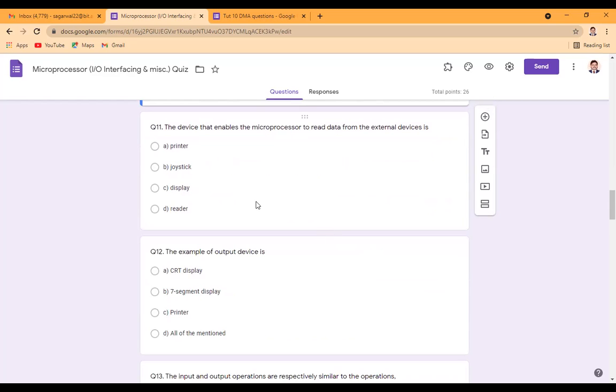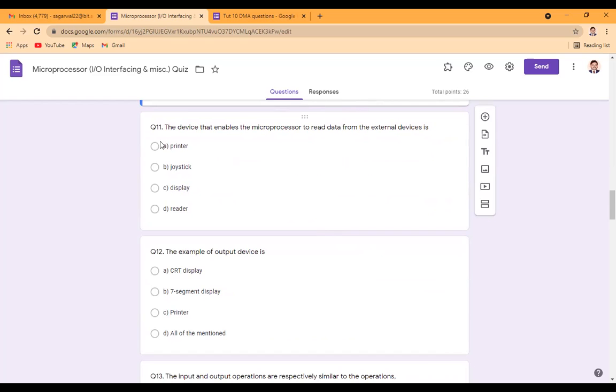A device that enables the microprocessor to read the data from the external device. Normally, the external devices are used for providing data as an input device, or they work as an output device to receive the information.